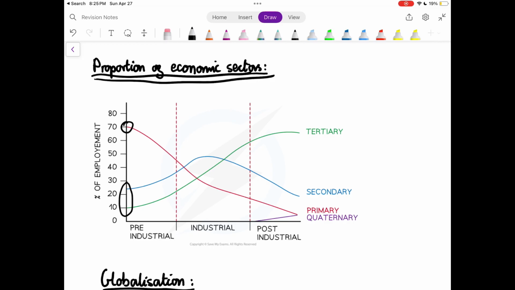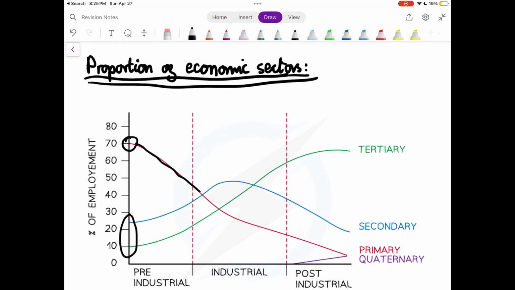And as you can see, as a country develops, the primary sector has a reduced percentage, and as a result, agriculture declines because it's the primary job that is carried out in the primary sector.